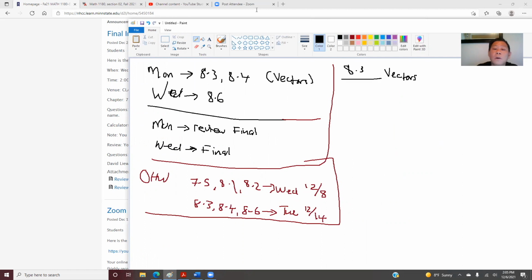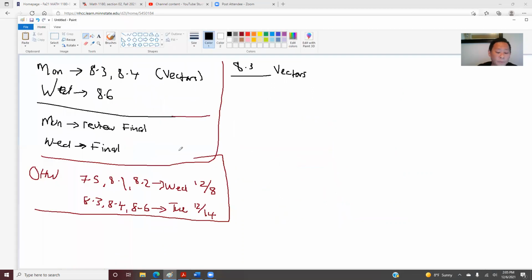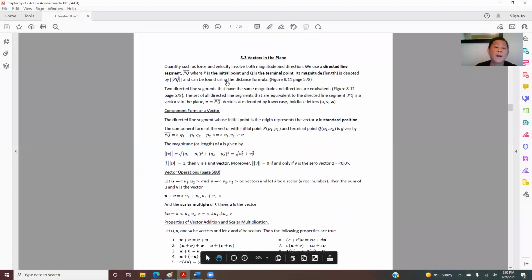Okay, so we're going to talk about 8.3 here, about vectors. So what are vectors? Vectors in this case involve both magnitude and direction. We will call that vectors. How do you write vectors?